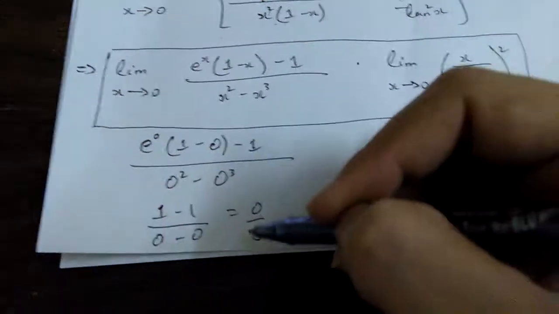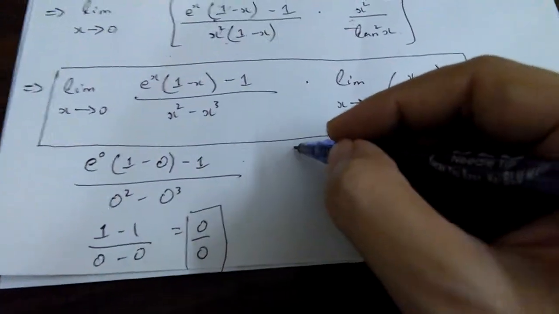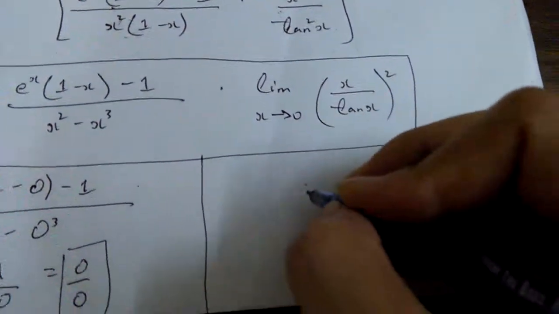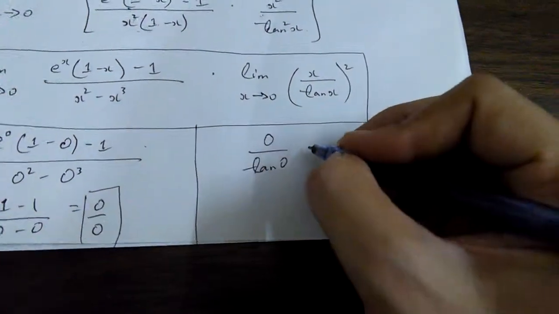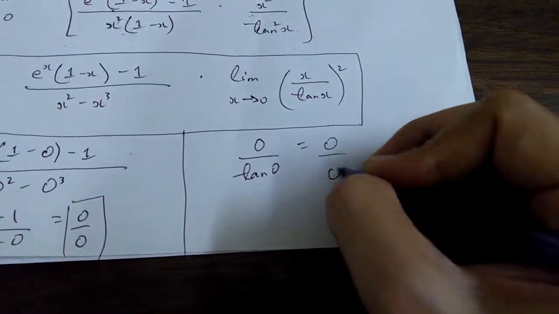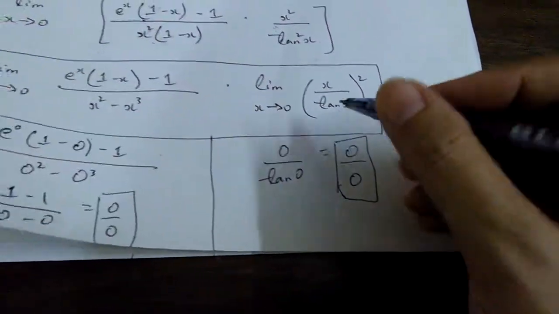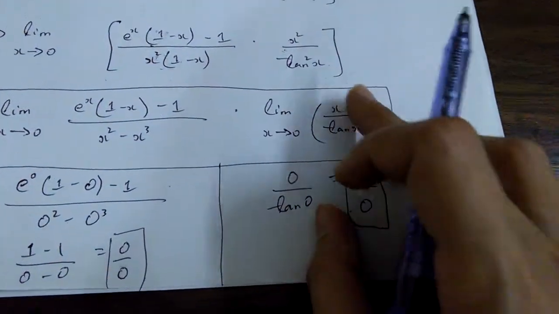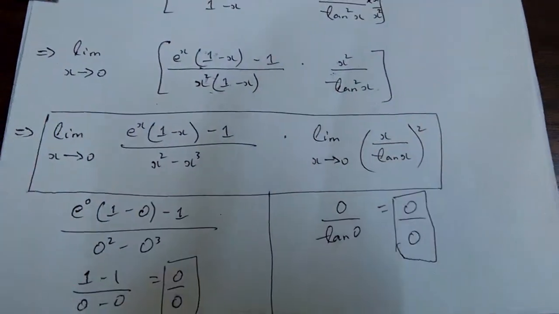So you see the indeterminate form still exists. And if I apply my limit on this function, you see 0 upon tangent 0, so it is still 0 upon 0. Okay, so indeterminate form is still existing, so we just apply the derivative over here and here, and then we once again apply the limit. So let's see.